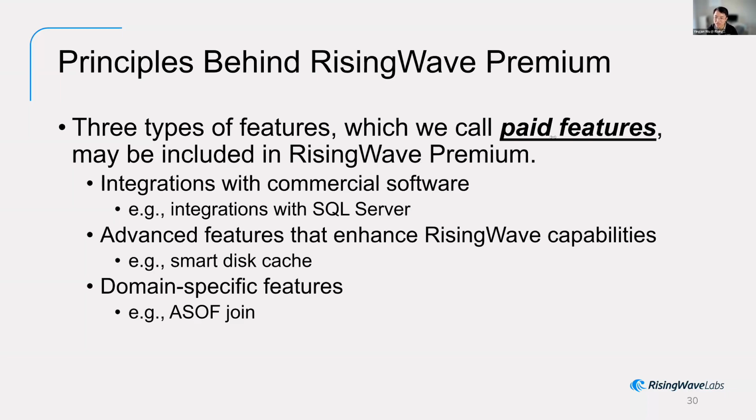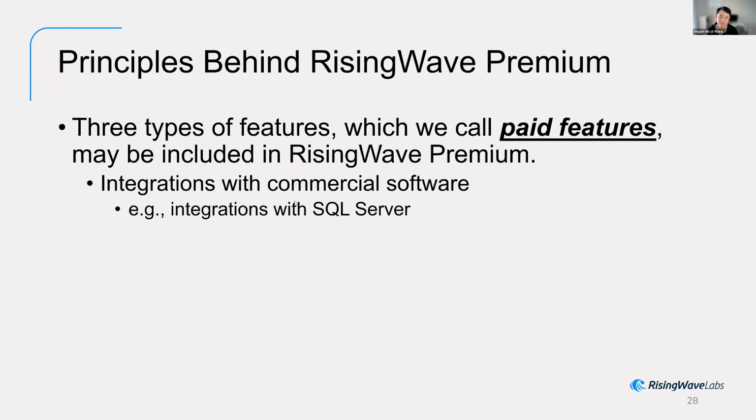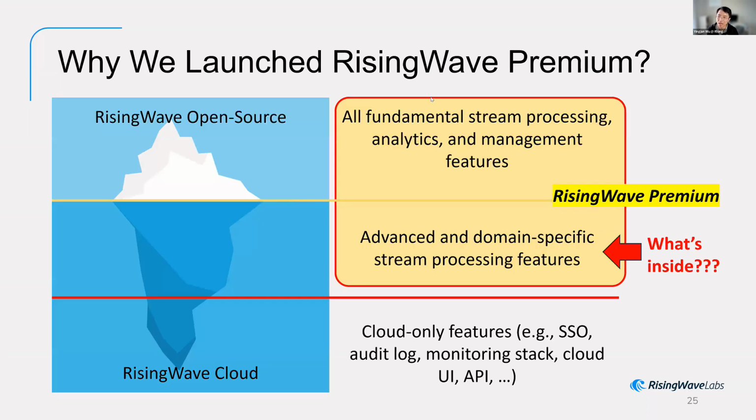And what's the difference in feature functionality between RisingWave Cloud and Premium? Look, there is no fundamental difference if you are looking for advanced features or domain-specific features. But if you want to use something like SSO, audit log, monitoring stack, or cloud UI, which are only accessible in the cloud, you have to use RisingWave Cloud.